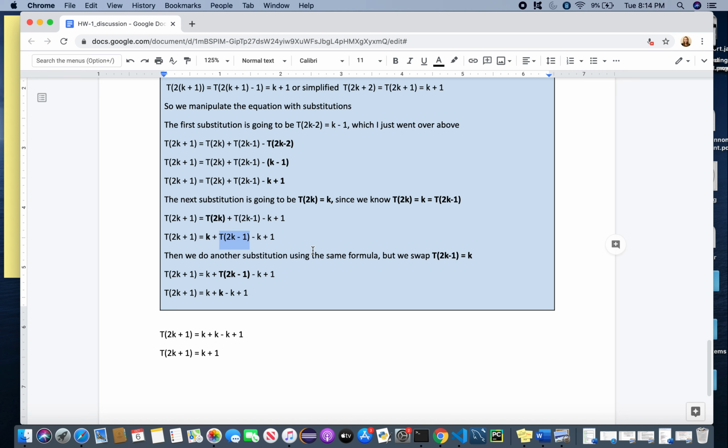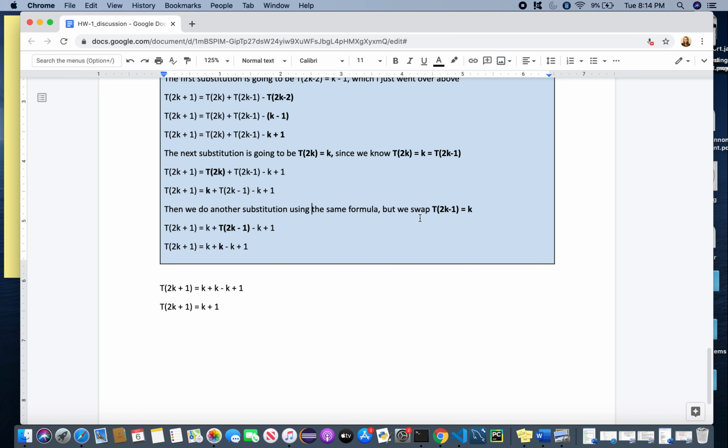So we sub that out again for k, because by this exact equivalence, we can acknowledge that they're the same. So then we're left with T(2k+1) = k + k - k + 1, which equals T(2k+1) = k + 1.